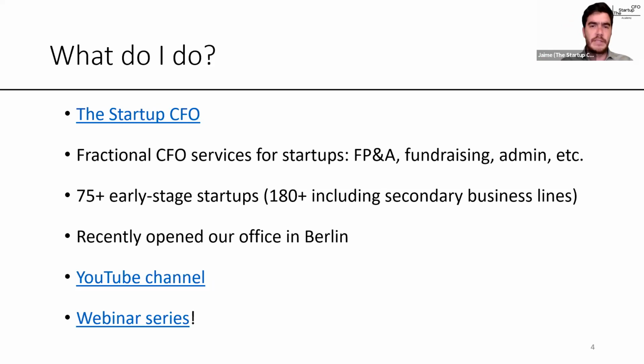We also offer services for preparing funding rounds for very early stage startups, usually for their very first round, and some other related services. We have already worked as CFOs with over 75 early stage startups. In total, including other business lines, we have worked with over 180 startups. And we recently opened our first international office in Berlin.